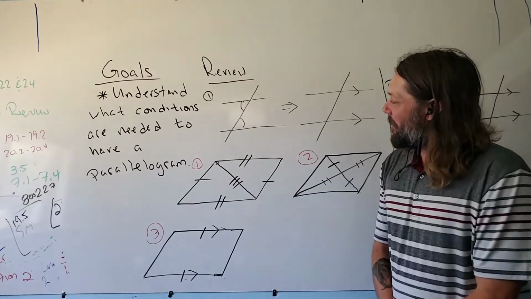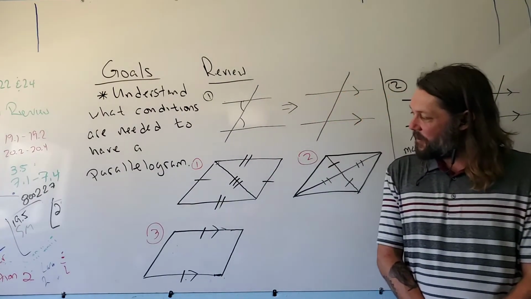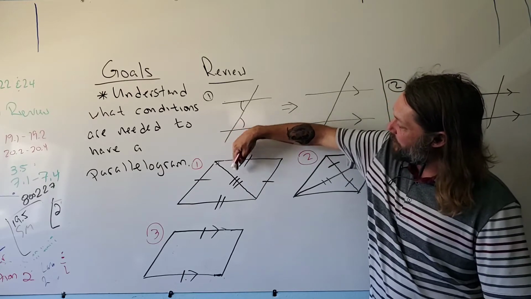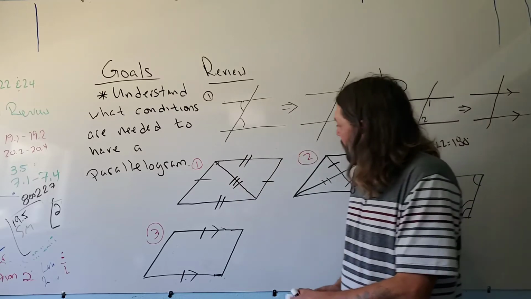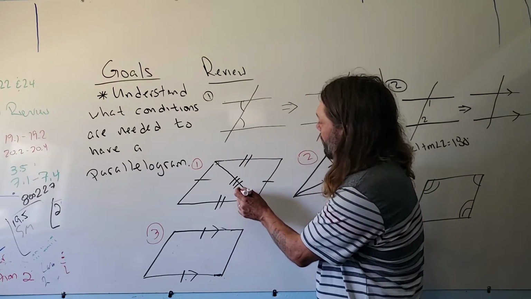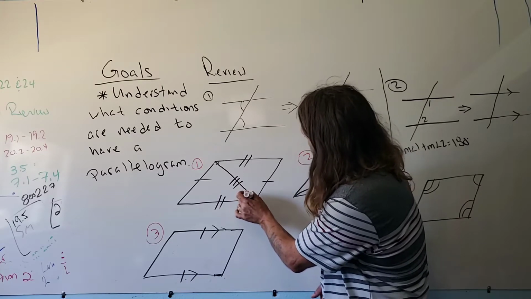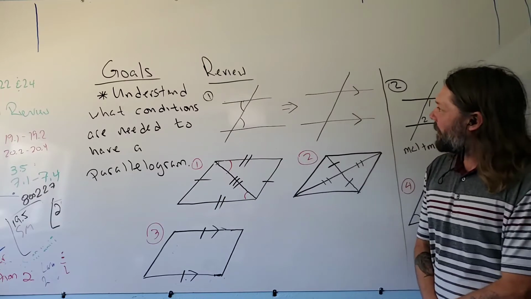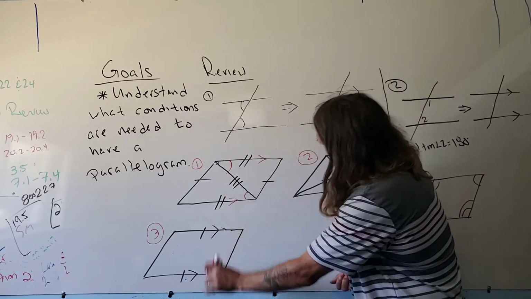And because I've done that, that means that the parts that are in the same positions themselves must be congruent. So this angle that's made up of the side with the 2 and the 3 marks must be the same as this angle made up by the 2 and the 3. So if I put a little mark in here, that means that this side must be parallel to that side.